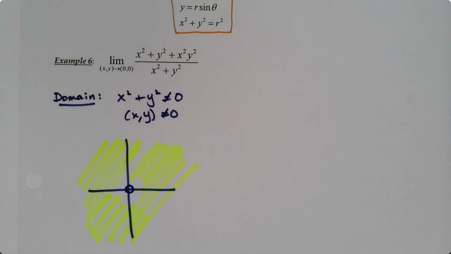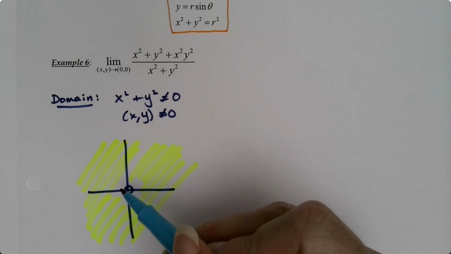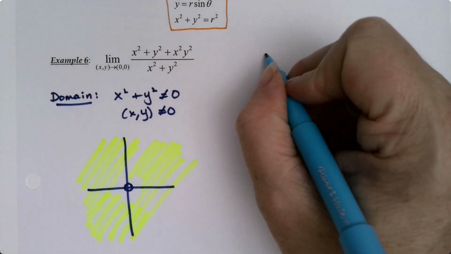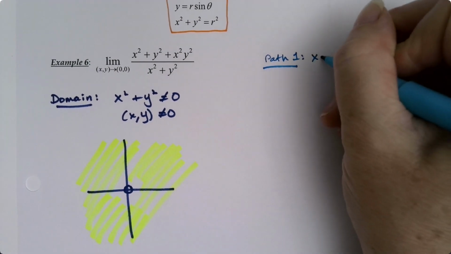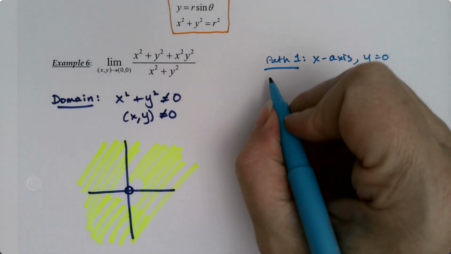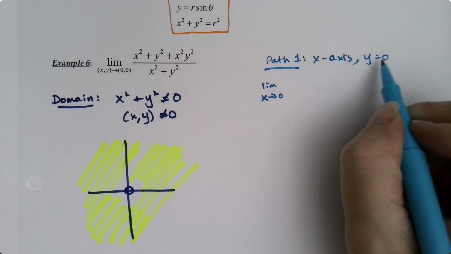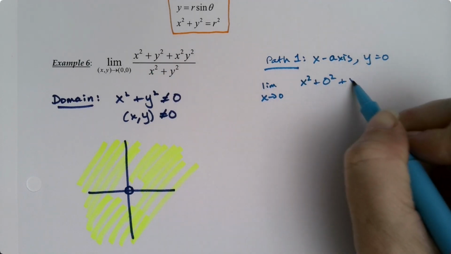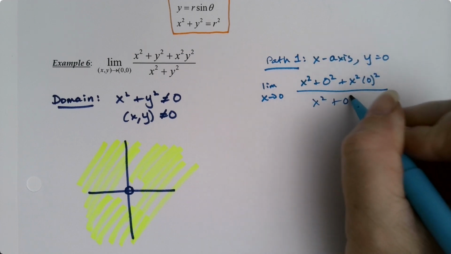Now see, the path method that we've been using doesn't really work. If you approach on a path, you're going to get some value, right? But if I tried path 1, and I said, hey, let's try that x-axis again, which is y equals 0, and then I said, okay, I'm going to find the limit as x goes to 0, and I put 0 in for y everywhere: x squared plus 0 squared plus x squared times 0 squared over x squared plus 0 squared.